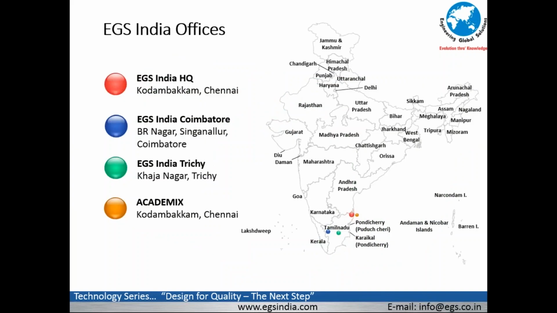We have 4 offices with the headquarters in Kodambakkam, Chennai, and the Tamil Nadu headquarters working out of Coimbatore, with an office in Trichy and a technical training division called Academics in Chennai at Kodambakkam.